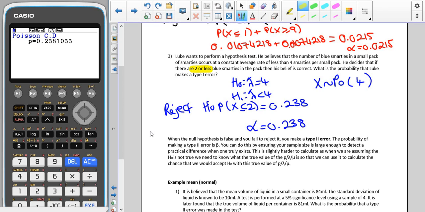If it is normal and we're told that we're going to accept it between 2 and 4, then we're going to reject it if it's less than 2 or if it's more than 4. Remember, normal is continuous, so you do not have to change the numbers when you are looking outside of it because we want to be including the decimals in there as well.